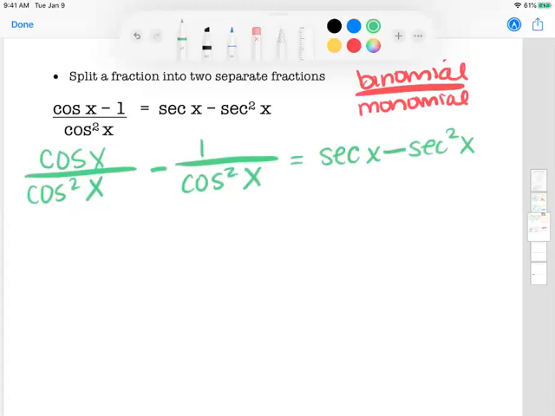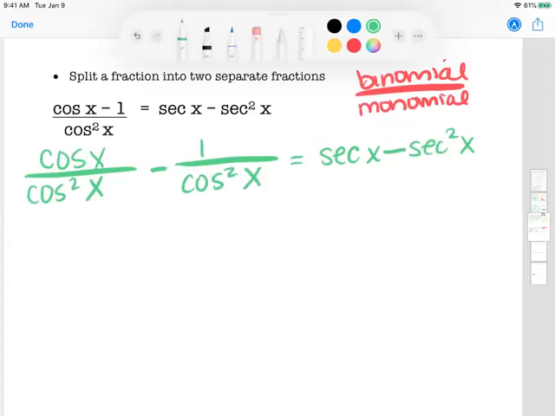Okay, great. Oh yeah, and to check your work here, guys, you can always add the fractions back together and see if you get that original expression. Alrighty, so what I can do here is I'm going to split.